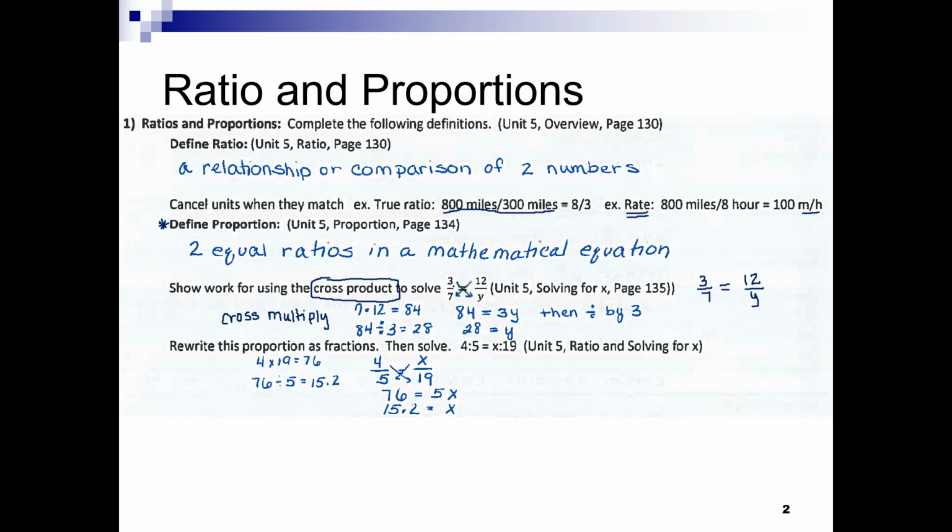I take the top of the first fraction, multiply it by the bottom of the second one. So 3 times y equals right here, 3y. Then I multiply on the other diagonal. So I take the top of 12, multiply it diagonally times the 7. That gave the answer here of 84.